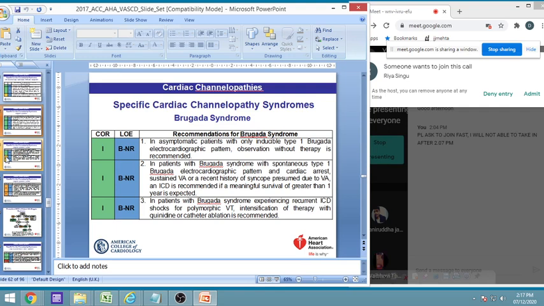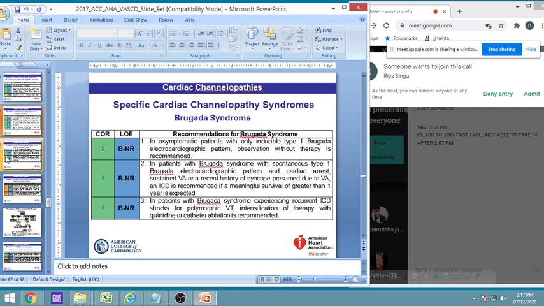Quinidine we use on very rare occasions, if you remember. This is the first time we are finding quinidine being used. Otherwise, in our pharmacology, quinidine came as a class 1 drug in a very early situation. Here it is reserved because it has comparatively more adverse effects. So either quinidine or catheter ablation is used.